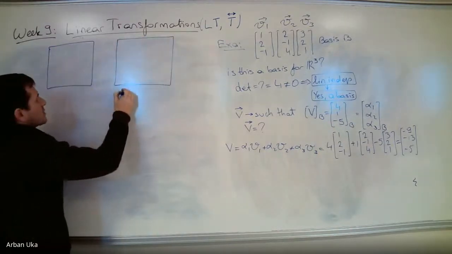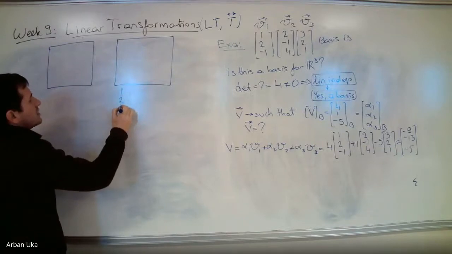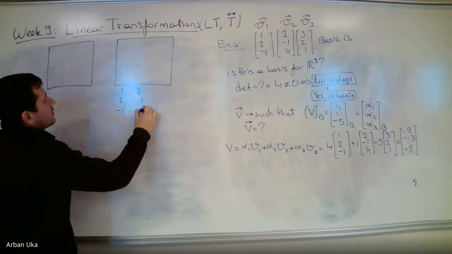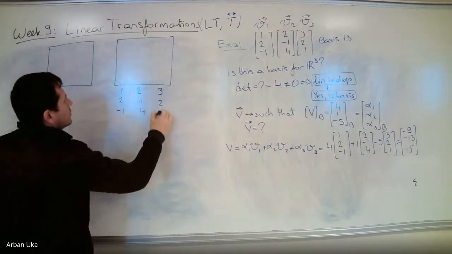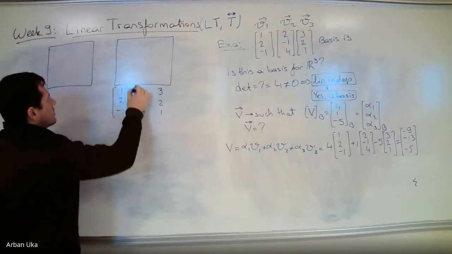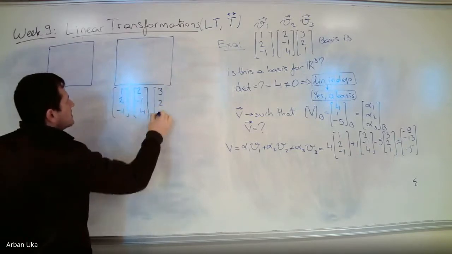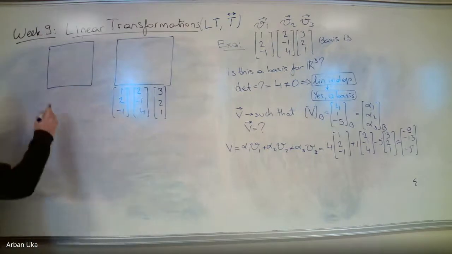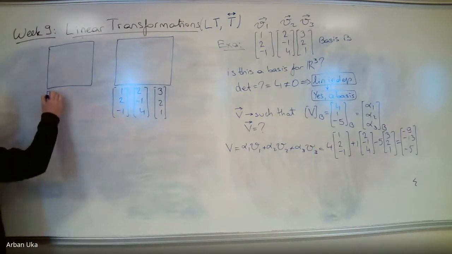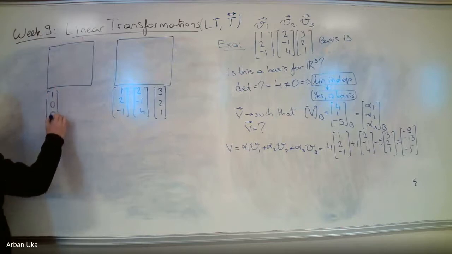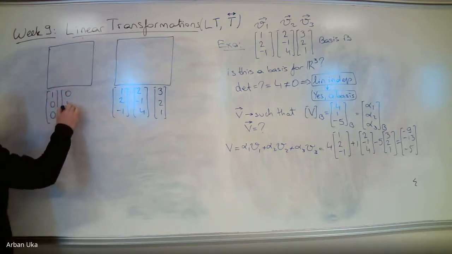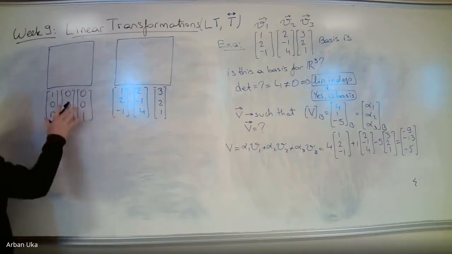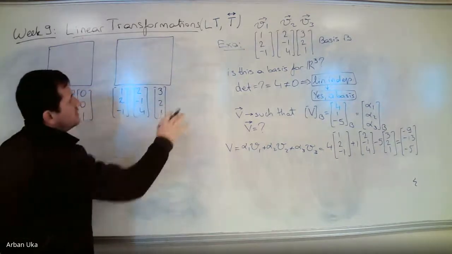The first domain is composed of basis B, which is composed of this basis 1, 2, minus 1, 2, minus 1, 4, and 3, 2, 1. Okay? So this is the basis. But this is a made-up basis. We came up with this one because we wanted it this way. What is the standard basis? This is 1, 0, 0. Okay? 0, 1, 0. And 0, 0, 1. Okay, this is the standard basis. This is the B basis.